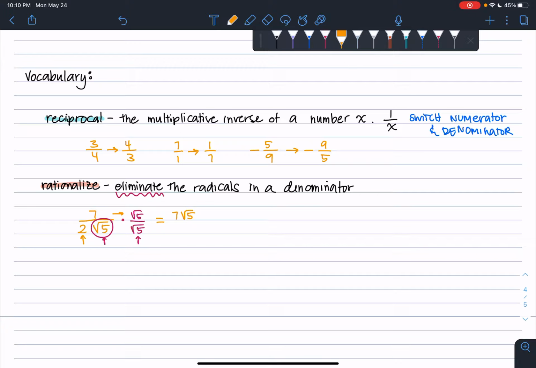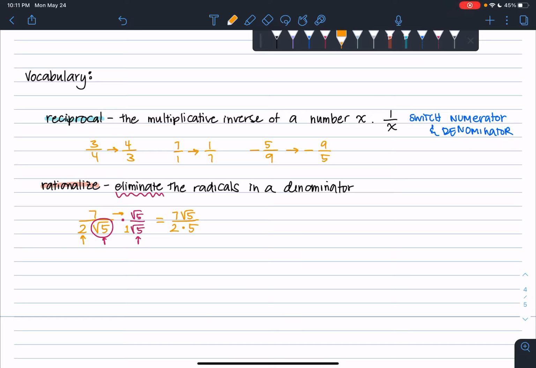So the 2 just gets multiplied by 1, right? There's an invisible 1 out here. So 2 times 1 gives us 2. And now root 5 times root 5, that gives us square root of 25, which just gives us 5.